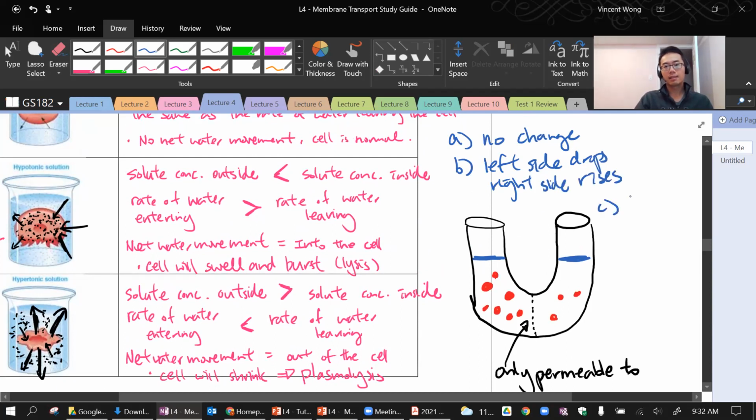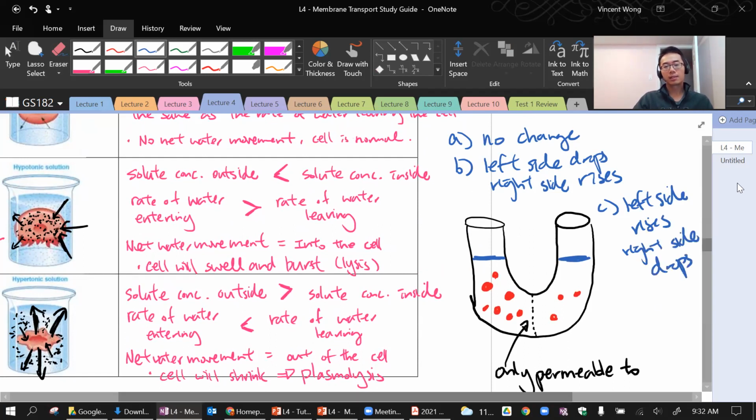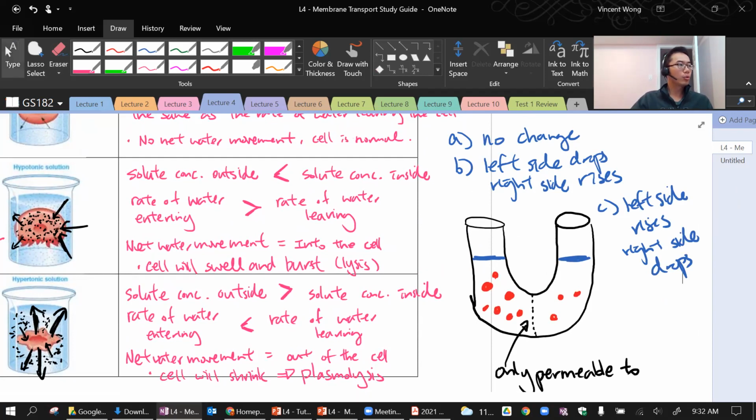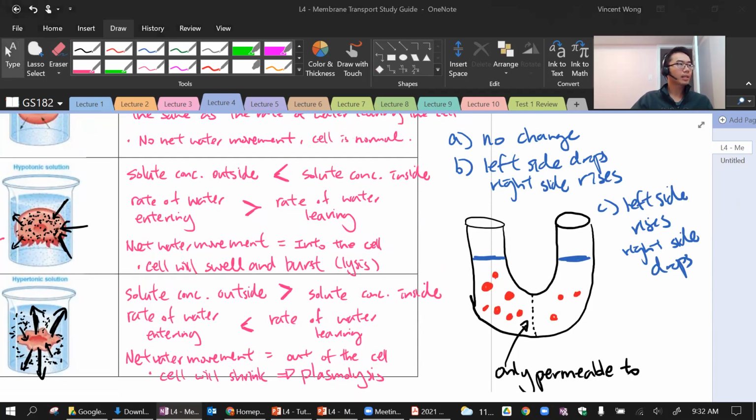C, left side rises and right side drops. Let's do a poll. If I leave this alone, what will happen to the water level on both sides? No change, or is it B or is it C? Let's see what you think.